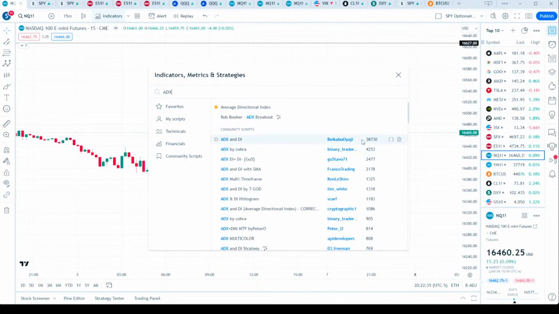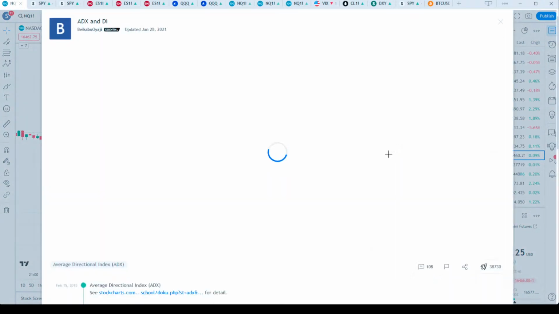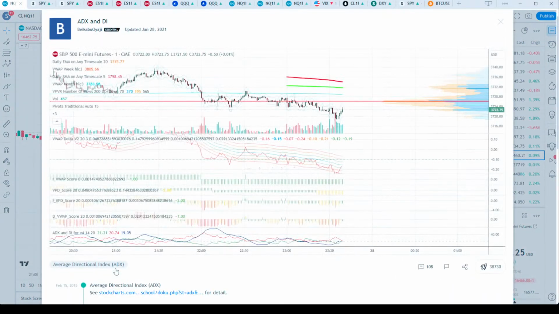When you look at this number over here, my understanding is that it's how popular that indicator is. Another cool thing I like over here is if you go to read more, it pops up and usually gives you a preview of what your chart will look like with that indicator.